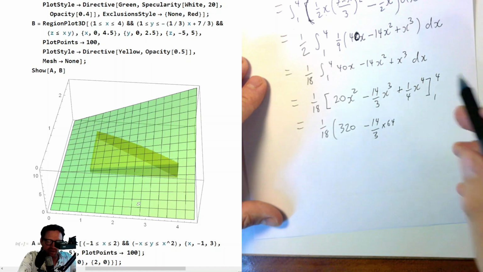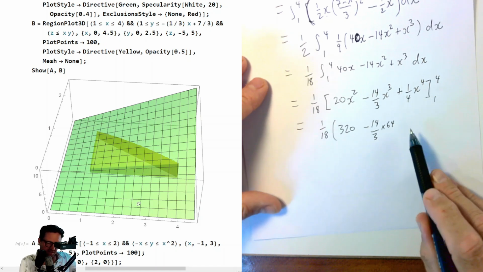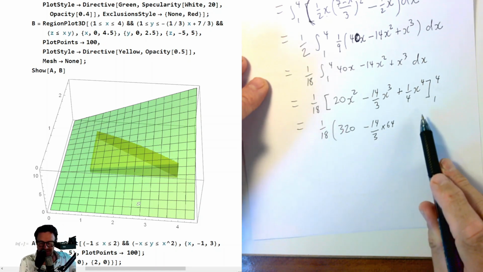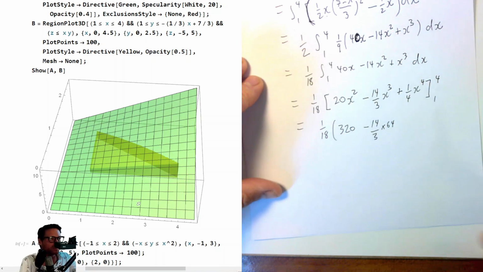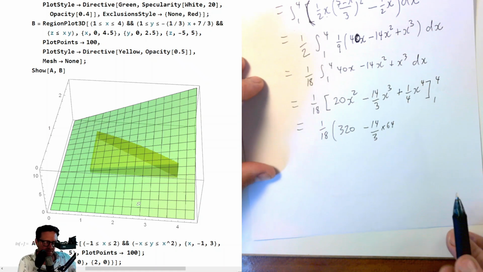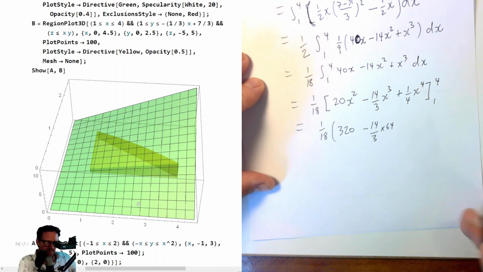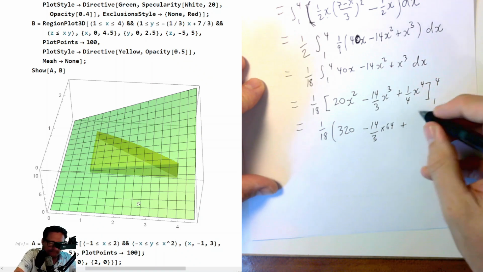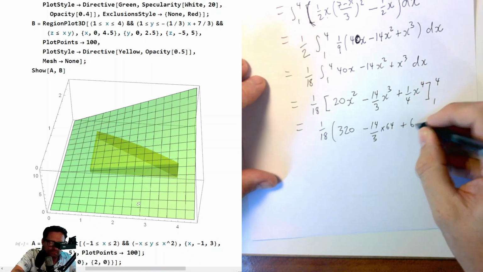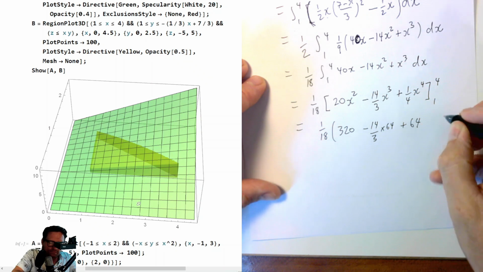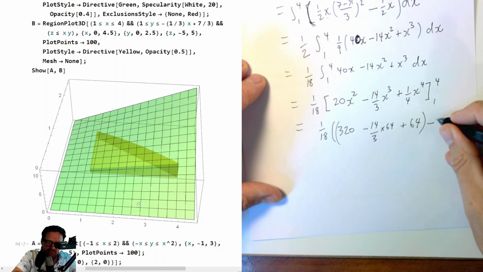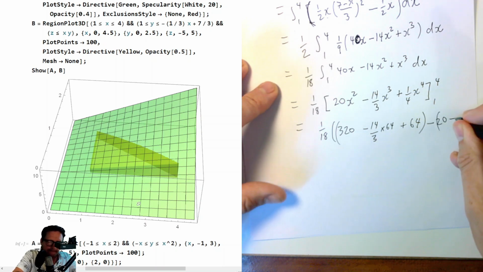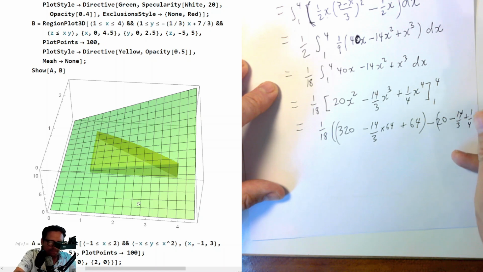And then 4 to the power of 4 is 16 squared is 256, but then we divide that by 4, so this is really 4 cubed. Now 4 cubed is 16 times 4 is 64. Okay, and then we are subtracting 20 minus 14 over 3 plus 1/4.